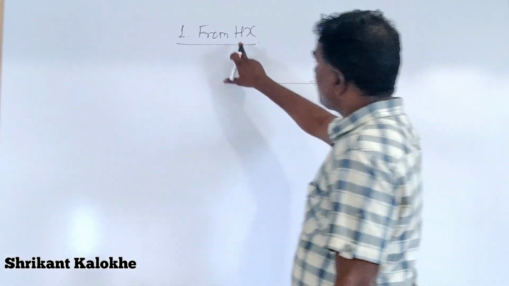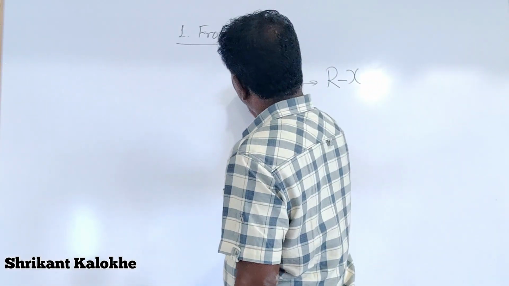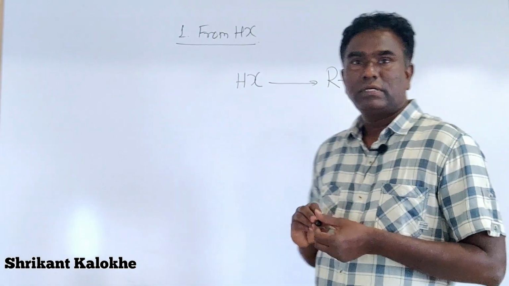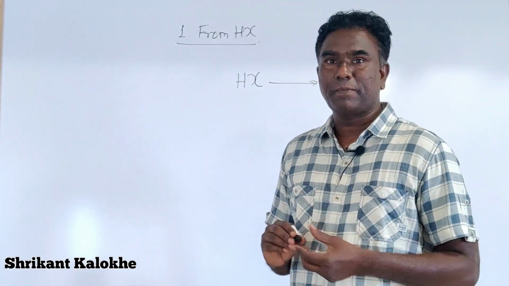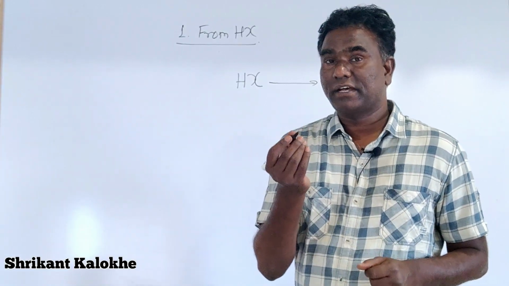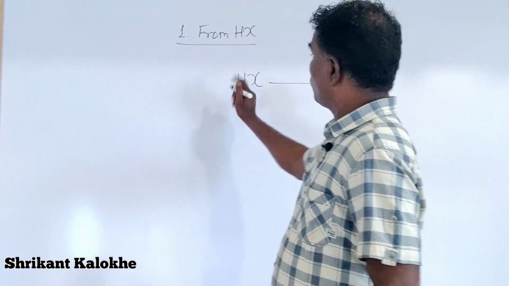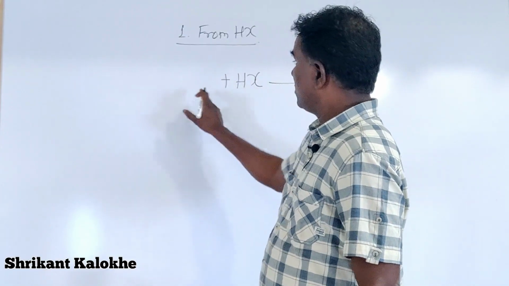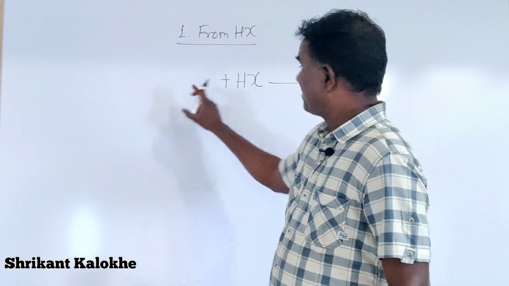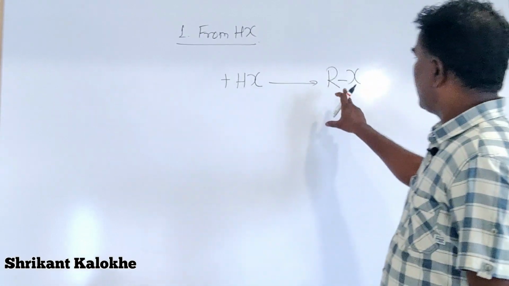If we are treating something with this HX, then we have to logically think about the expected reagent. What should be the compound which can react with this HX to give RX?